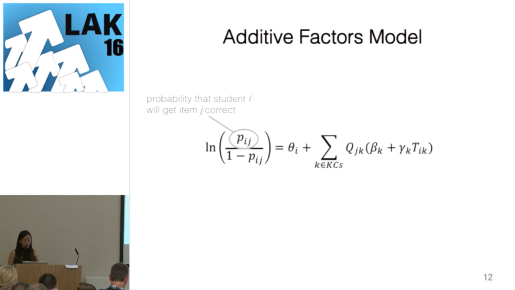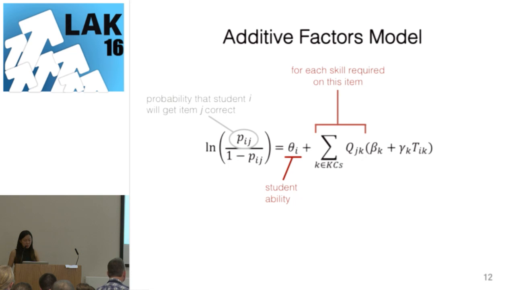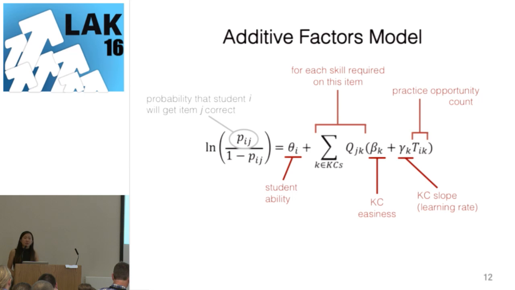It's a logistic regression model that basically models the probability P_ij that student i will get a problem j correct based on the student's baseline ability, as well as the baseline ability for all skills required on any given item, the baseline difficulty of each of those skills, or easiness, you can think of it as that, and also a learning rate for each skill that's basically multiplied by the number of opportunities by that item that the student has had to practice that skill.